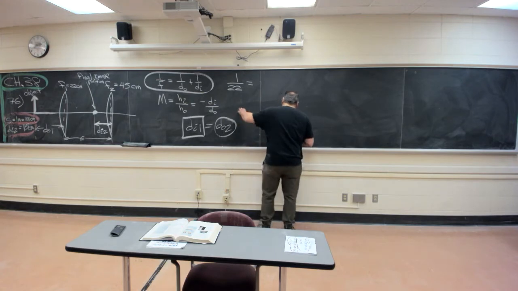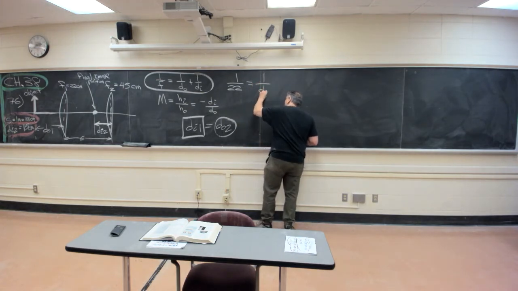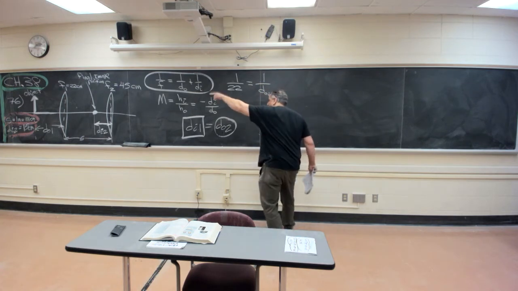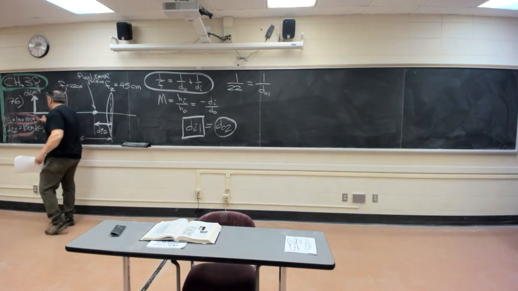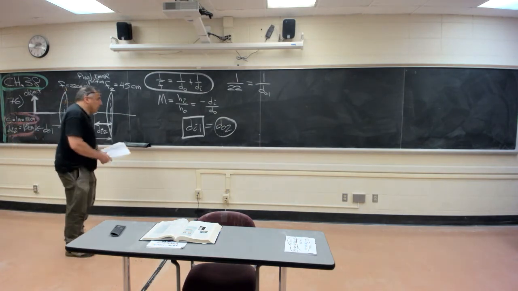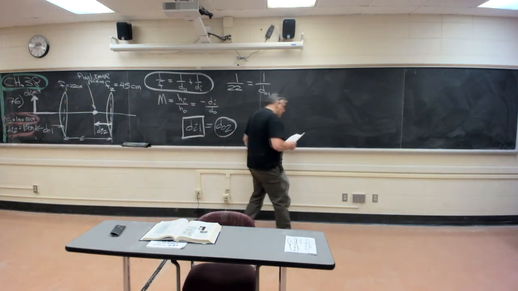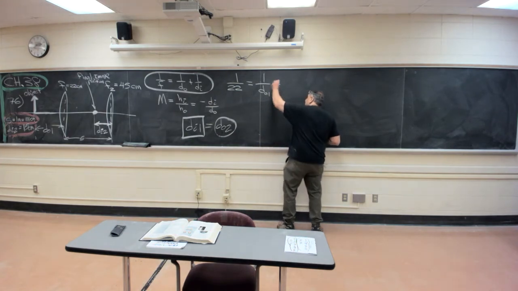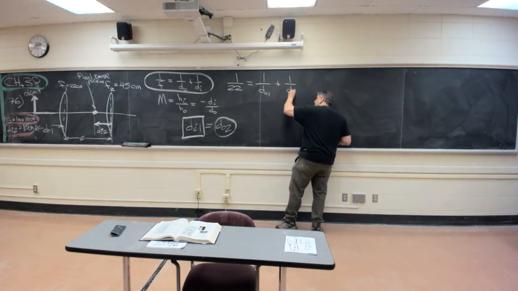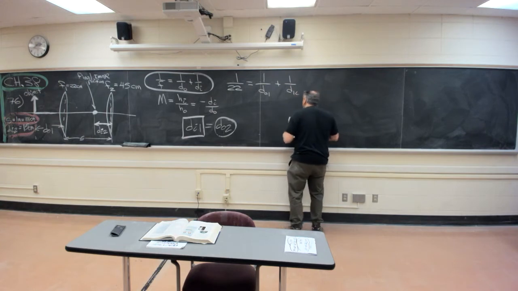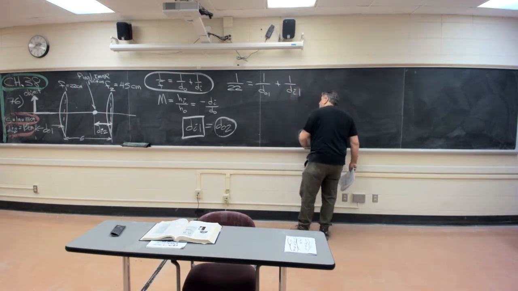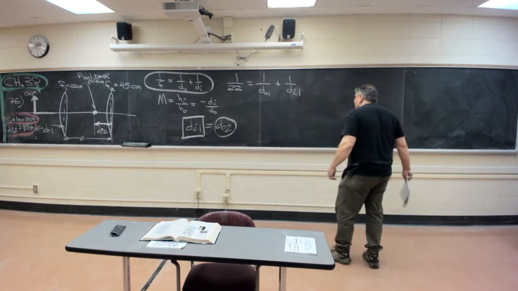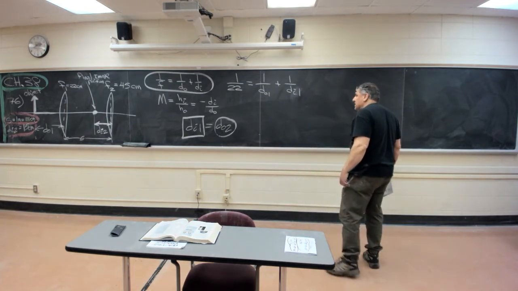Let's talk about Di1. We got 1 over 22. We got 1 over DO1. That's way, way to the left. That's the real object, DO1. And the other one is Di1. The rest is math.